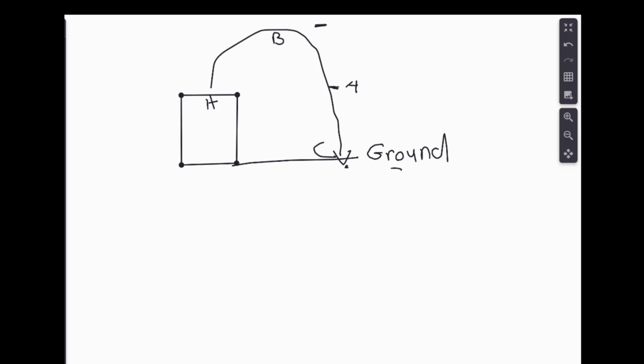after 3 seconds. Okay, so now what we know from this illustration is that there will be a time here and there will be a time from that maximum height to the ground. That won't be the same time.